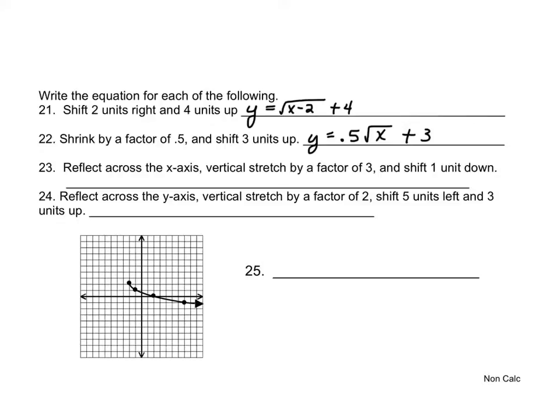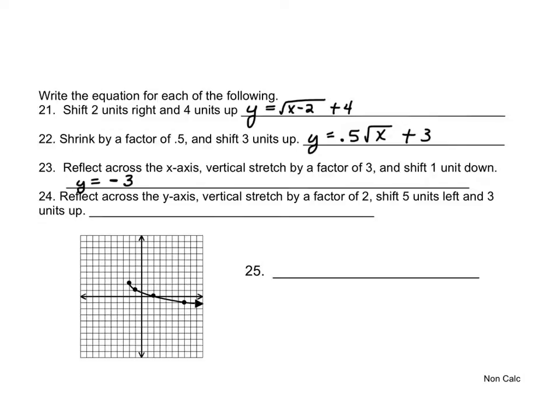Then we reflect across the x-axis. We also have a vertical stretch and 1 unit down, no left or right. So we start with y equals. X-axis reflection is a negative in front. We have our vertical stretch that also goes in front.